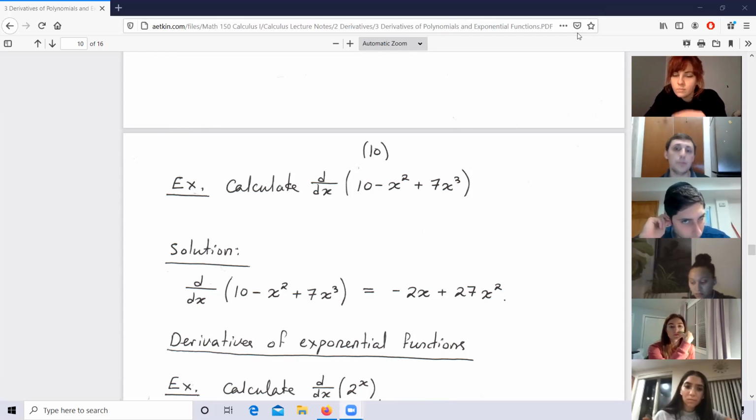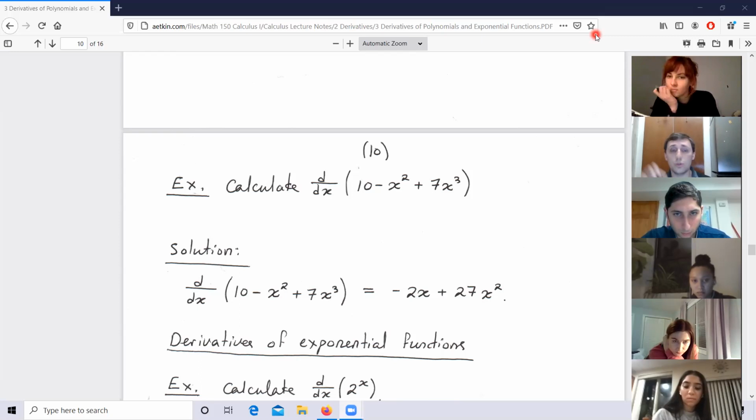You understand what I'm saying, guys, right? So we have 2 to the x. We're taking the derivative of 2 to the x. If it were on your exam, what would you write? So you're saying it's the same as 2x. Elazar, be careful. It's x, so it's 2 to the power of x, right?